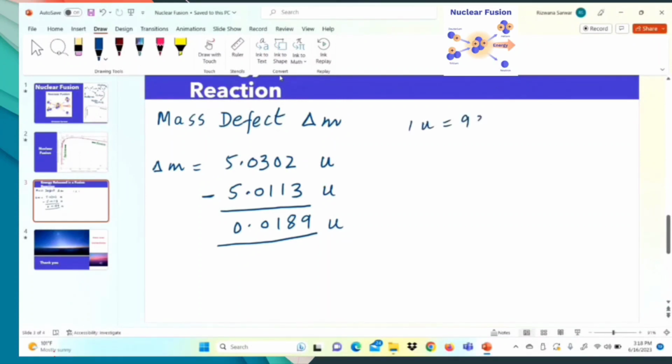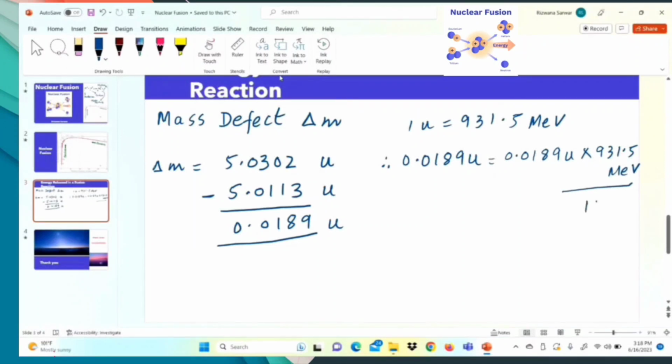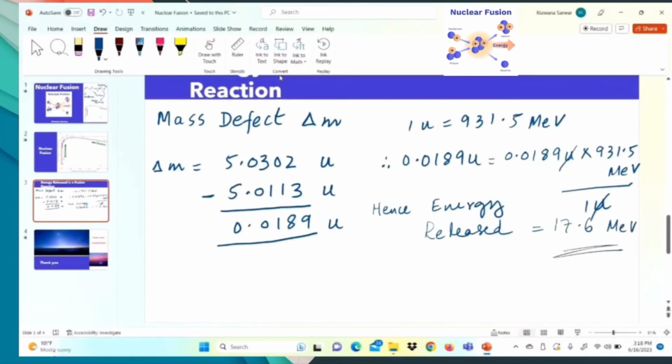Since one atomic mass unit is equal to 931.5 million electron volt, therefore 0.0189 unit will be equal to 0.0189 unit times 931.5 million electron volt divided by one atomic mass unit. So after cancellation and multiplication of these two quantities, the energy released comes out to be about 17.6 million electron volt.